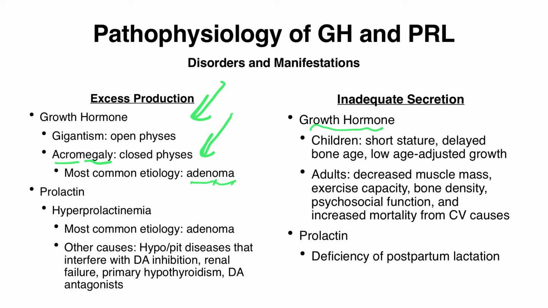So it's not as easy to see. So instead there's decreased muscle mass, decreased exercise capacity, bone density, psychosocial function, and increased mortality from cardiovascular causes due to stressing the heart with inadequate growth hormone.